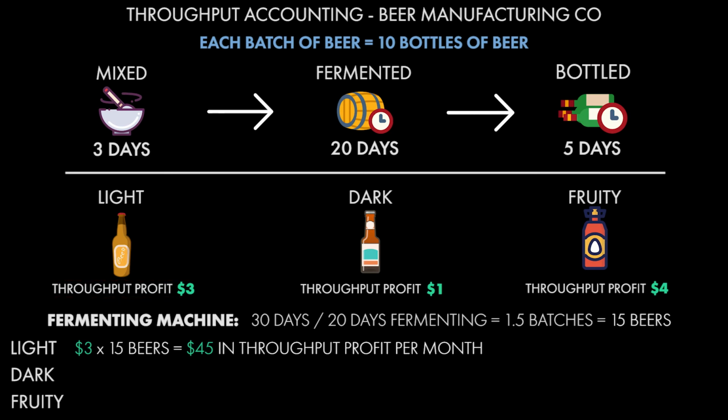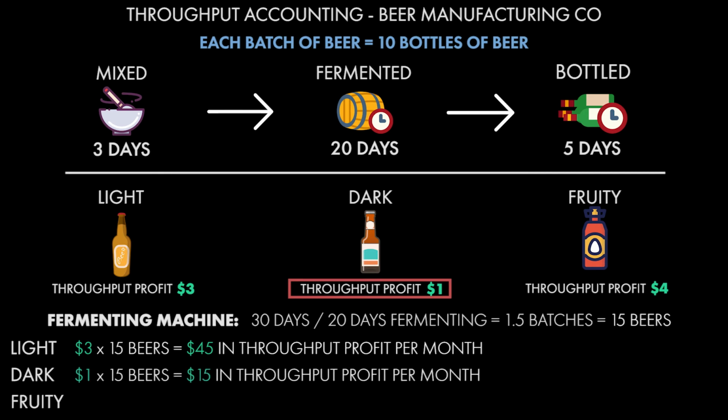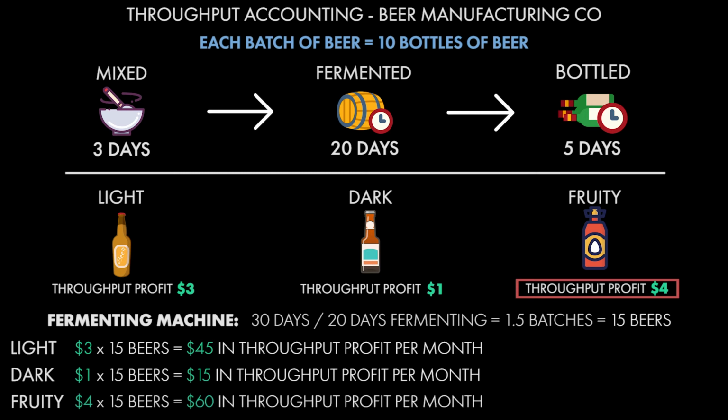Dark beer, on the other hand, only has $1 in throughput profit per bottle. 1 times 15 is only $15 to invest into a new fermenting machine if it's used just for dark beer. Then fruity beer, we know that we make $4 of throughput profit per bottle. 4 times 15 is $60 in new profit per month that we can use to invest into the machine.